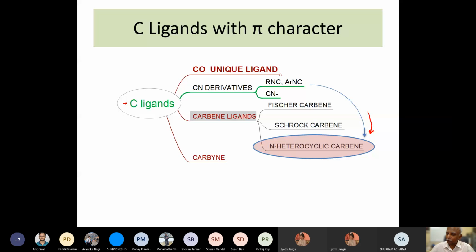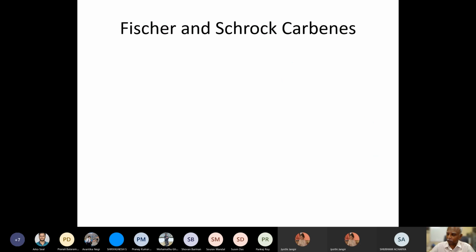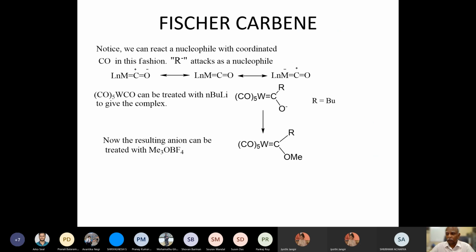So this is what I was telling you: CO can be converted into a Fischer carbene, and RNC can be converted into a species which looks like a heterocyclic carbene. We looked at this reaction where we converted it into a Fischer carbene.